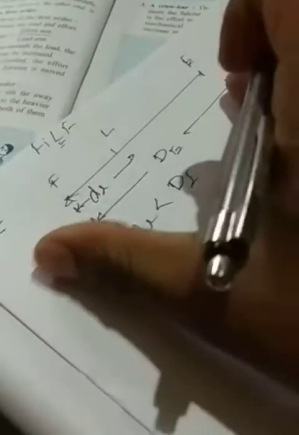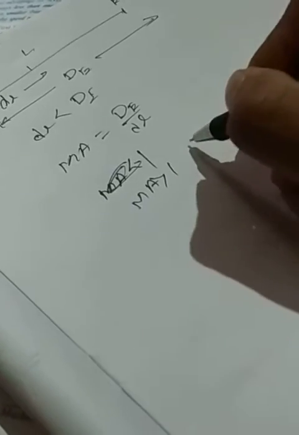So mechanical advantage is effort distance divided by load distance. See, the up one is bigger because this side is totally bigger. Because the up one is bigger, mechanical advantage will be greater than 1. This is called a force multiplier.